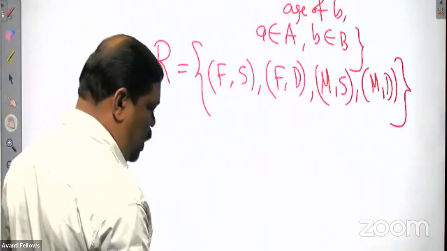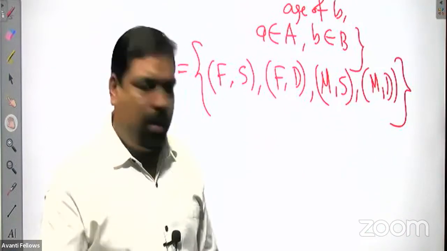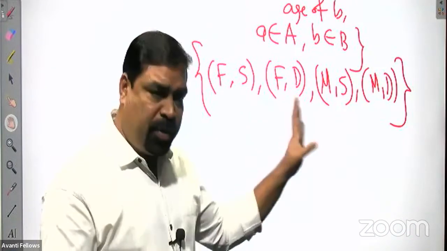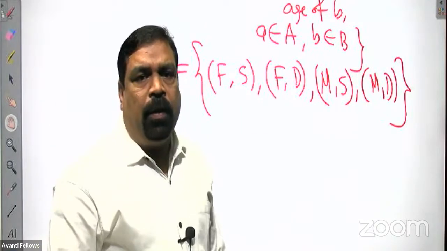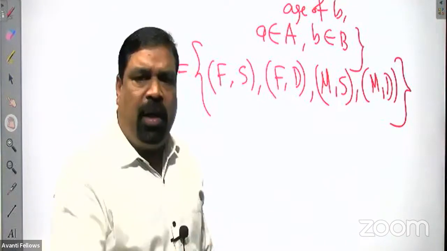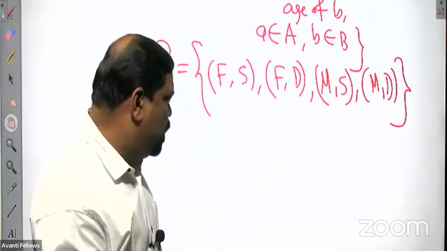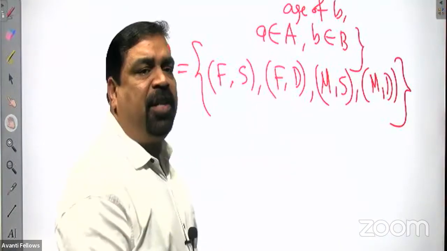And there was a question in our term 1 examination, almost the same type. How many relations are possible from the set A to set B? In this example, how many relations are possible?